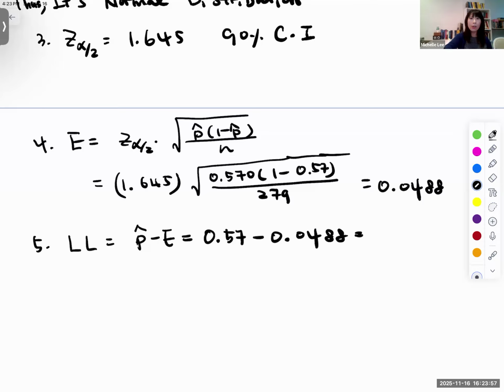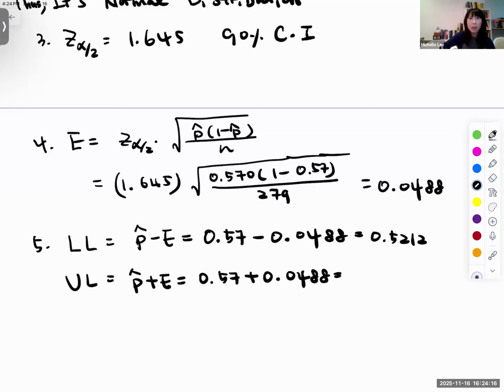So what do you have there? We have 0.5212. And upper limit, so p hat plus margin of error, right? So 0.57 plus 0.0488, we have 0.6188.